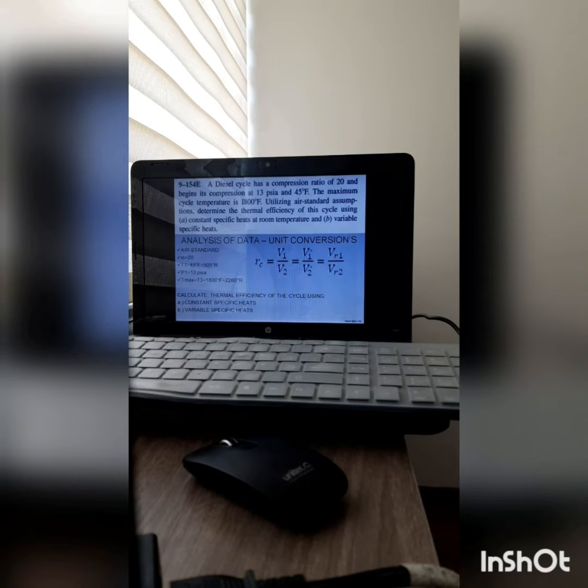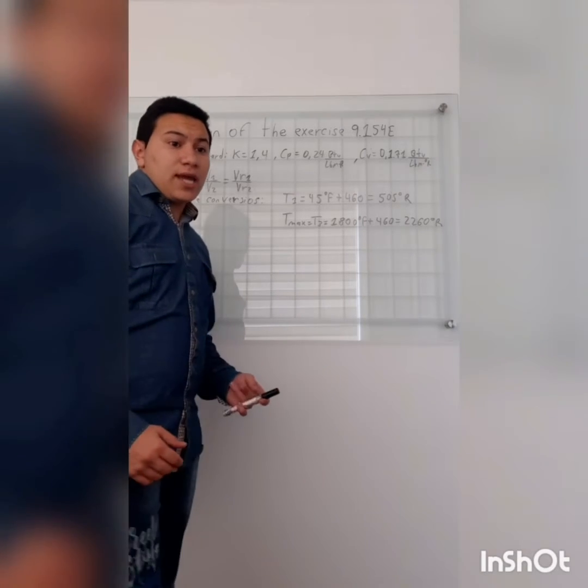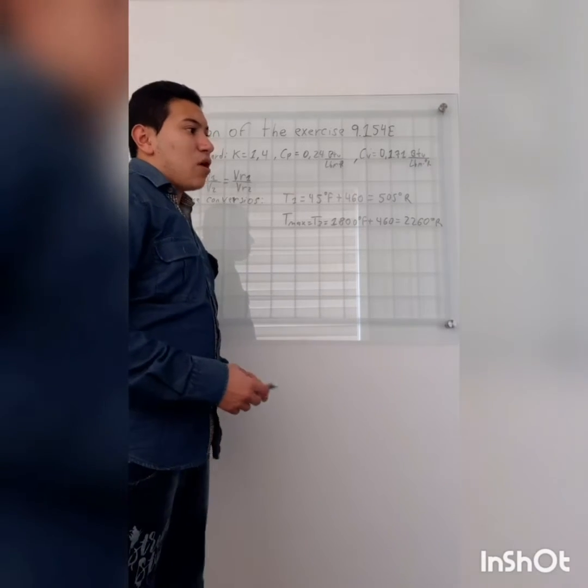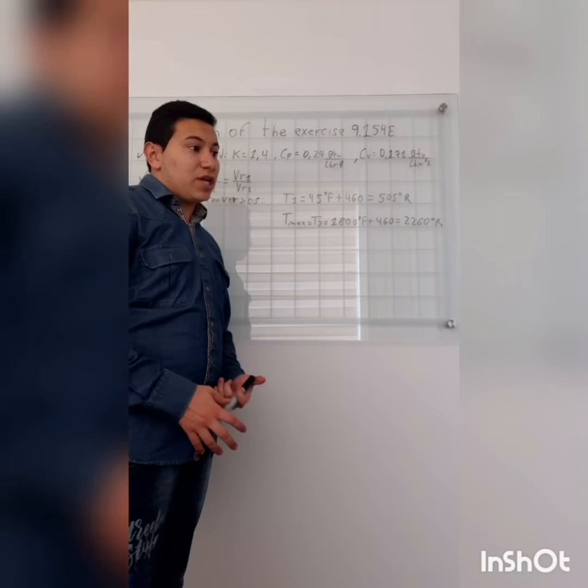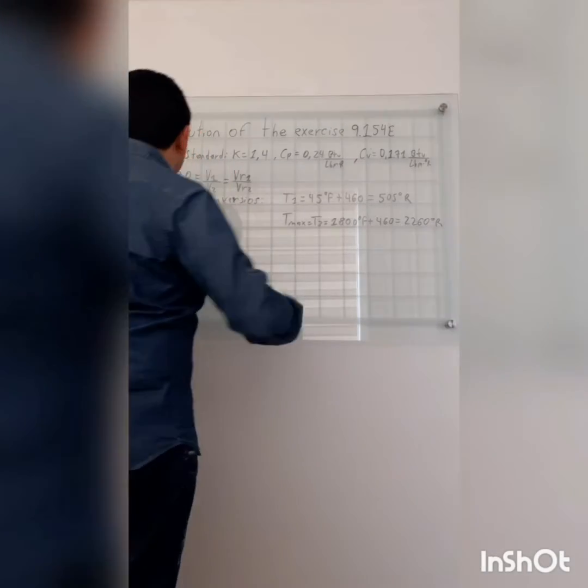Okay, I am going to pass to the board to explain the solution. We are going to continue with this explanation. In this part, we are going to talk about the analysis of the data, of the information of the text.